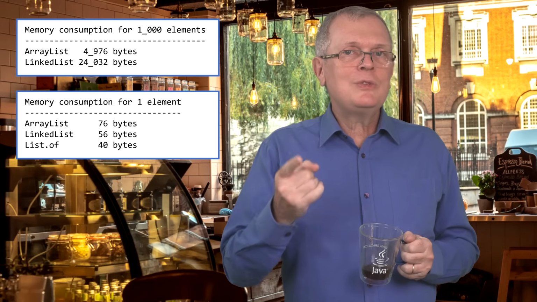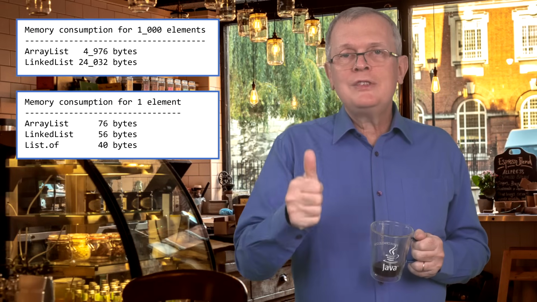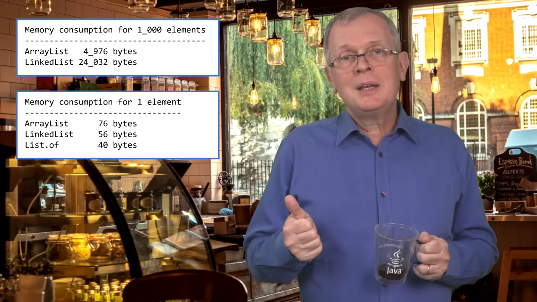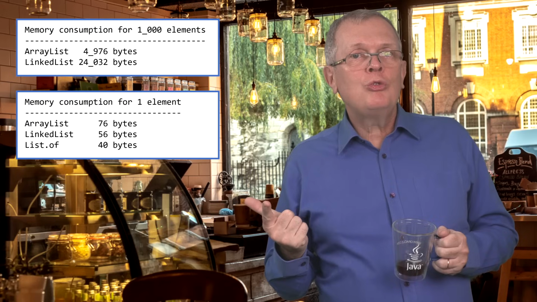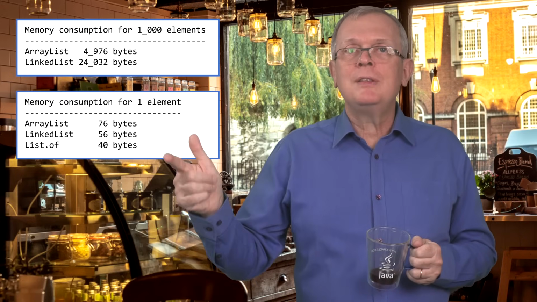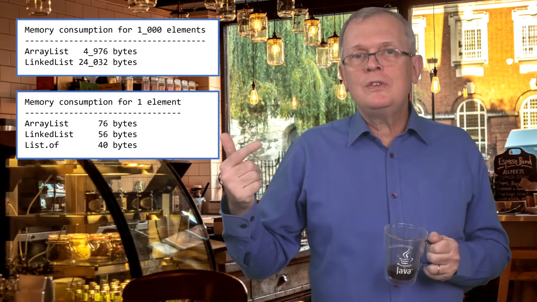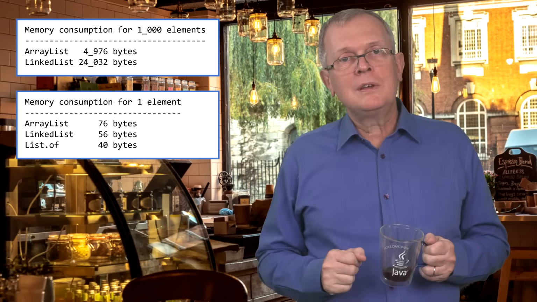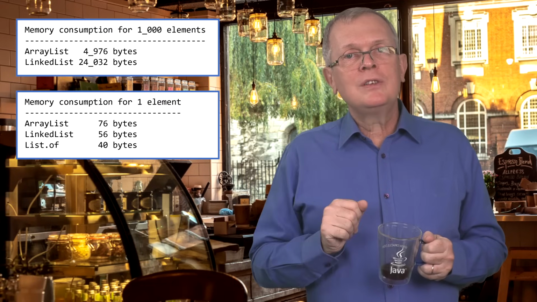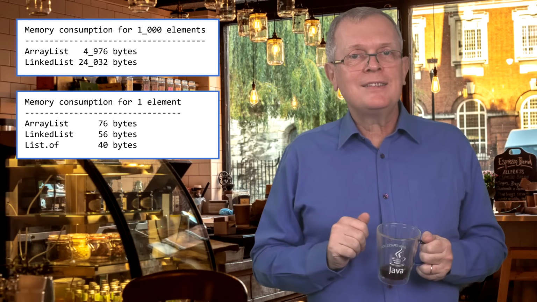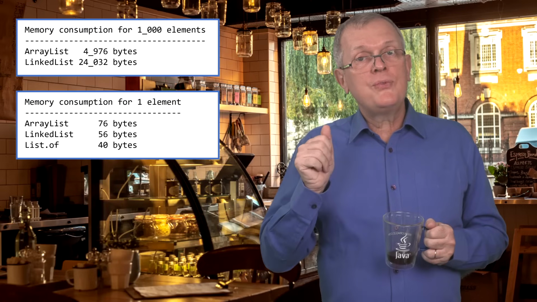If you're in that case, you still have several solutions. Using a linked list is one of them, but maybe you can also use one of the non-modifiable implementations that you can get with the List.of methods. These are more efficient than ArrayList and linked list, memory-wise: only 40 bytes for just one element.